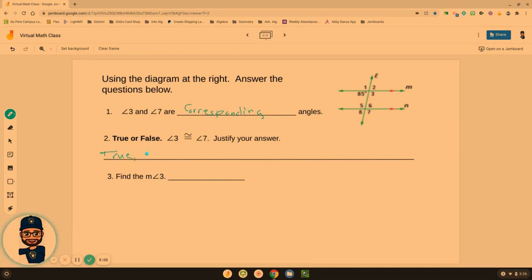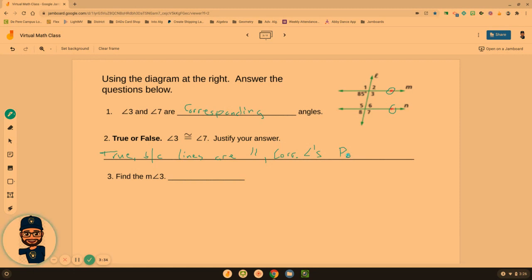It is true because the lines are parallel. How do I know the lines are parallel? And I'm just going to use this symbol for parallel. It's these 2 red marks that tell us the lines are parallel. That's the symbol, right? And because the lines are parallel, we have the corresponding angles postulate.